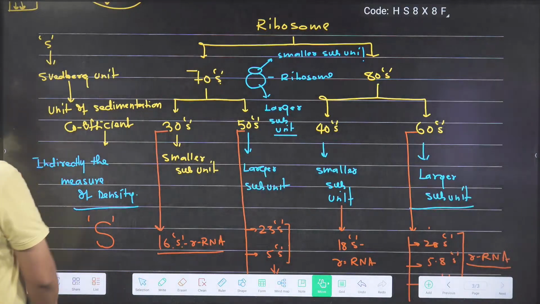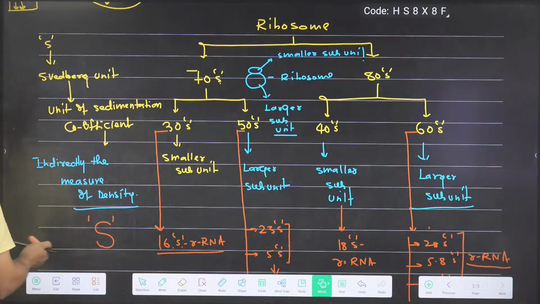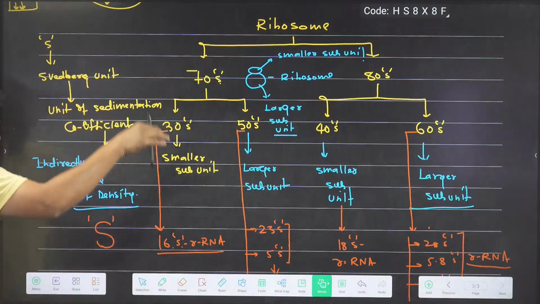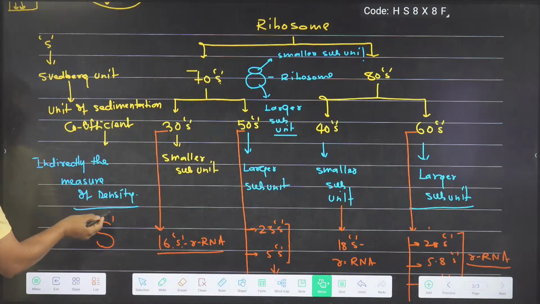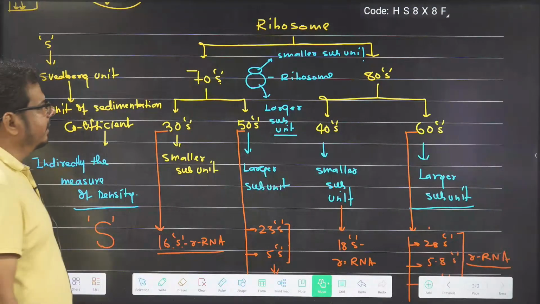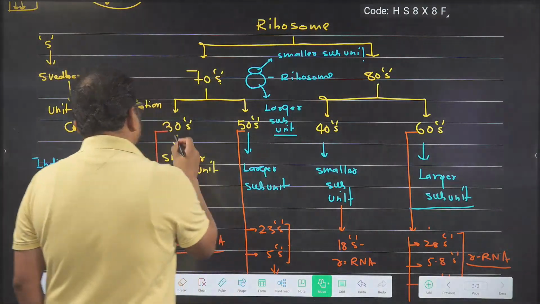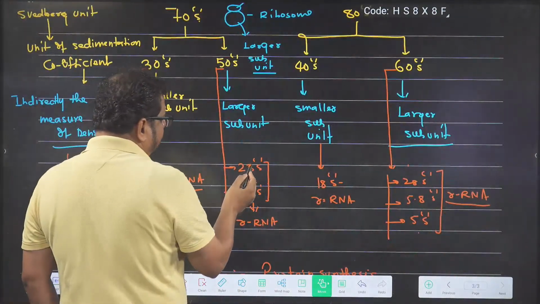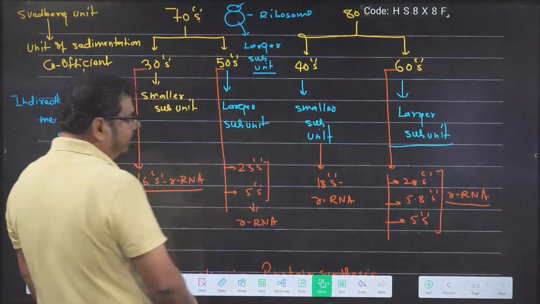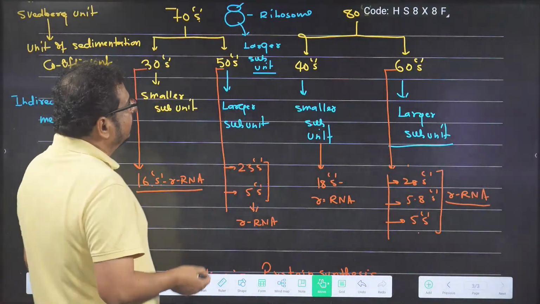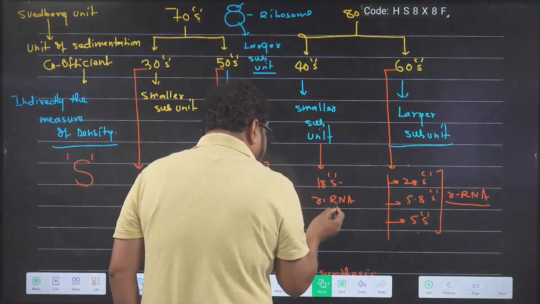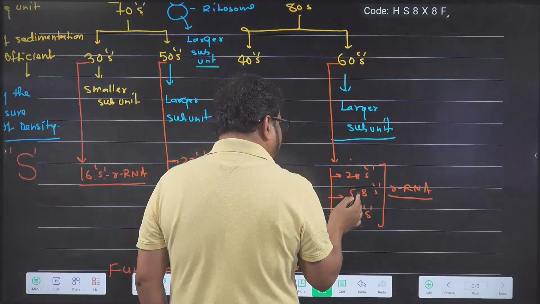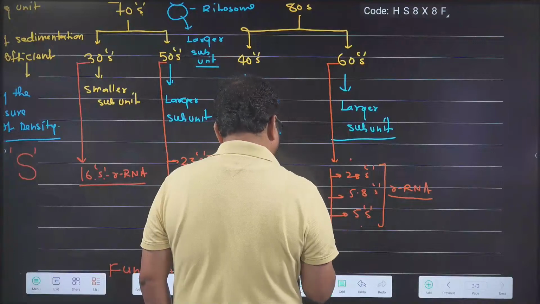S is the Svedberg unit and it is capital S. It is the unit of sedimentation coefficient, the rate of settling down, indirectly a measure of density. Now 30S has 16S rRNA, 50S has 23S and 5S rRNA, 40S has 18S ribosomal RNA and 60S has 28S, 5.8S, 5S ribosomal RNA.